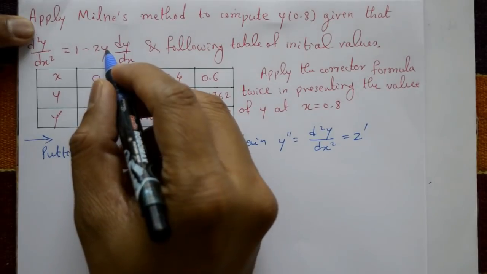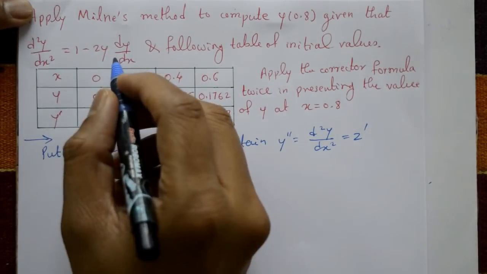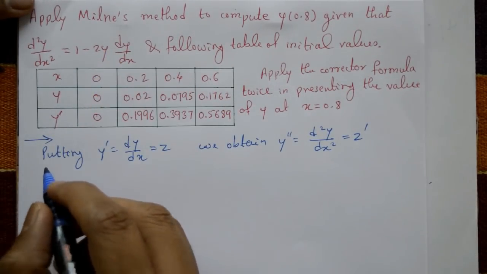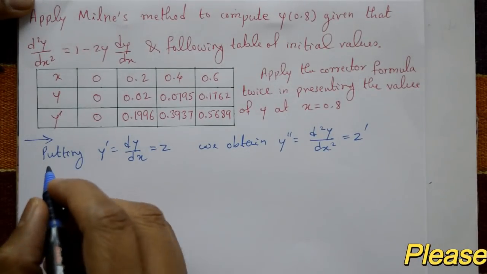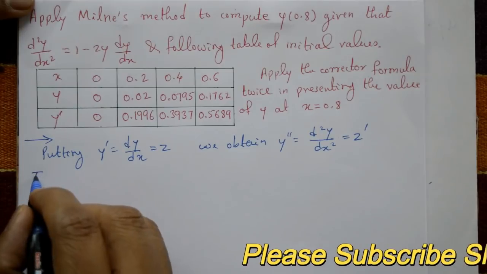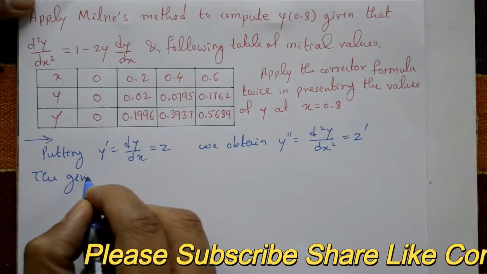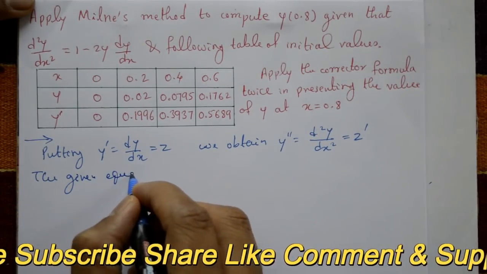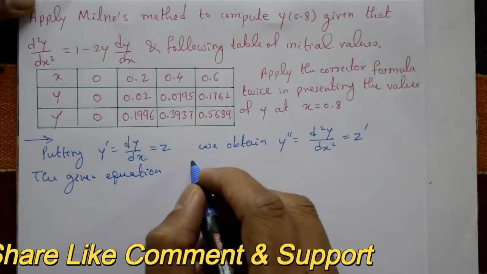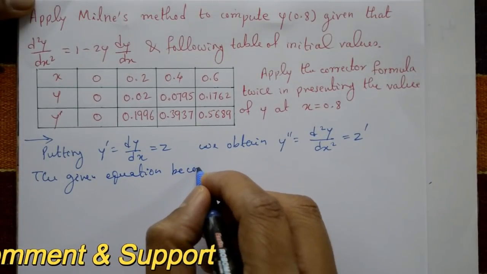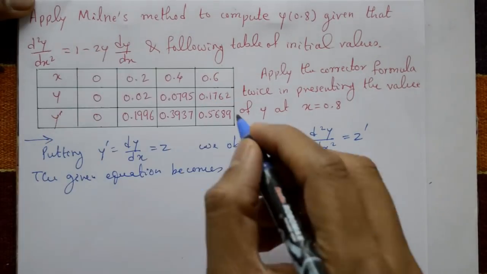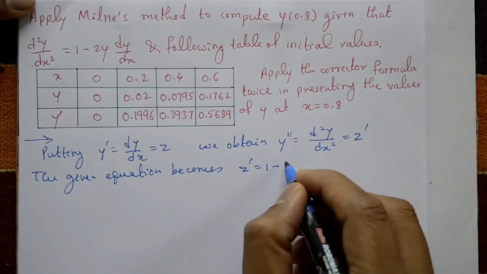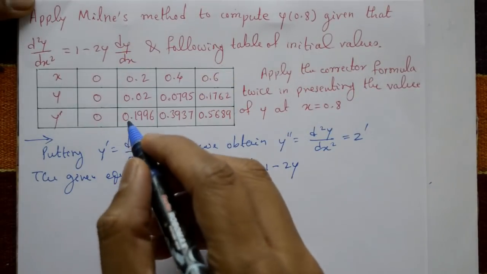Now this equation becomes: d square y by dx square, meaning y double dash or z dash, is given by the equation z dash is equal to 1 minus 2y dy by dx.